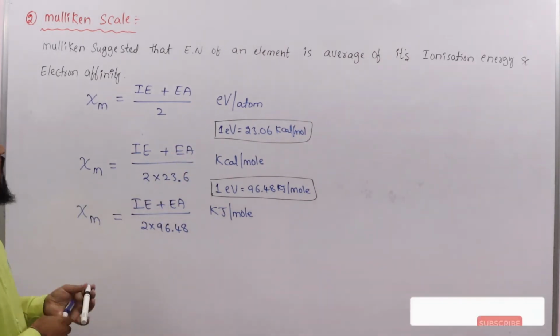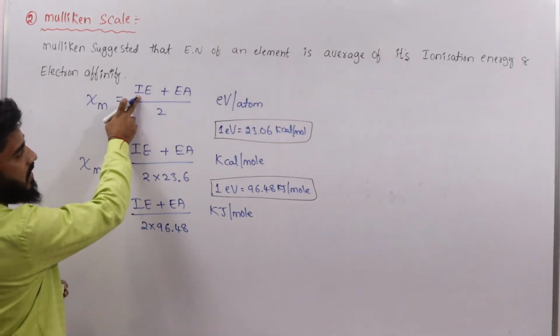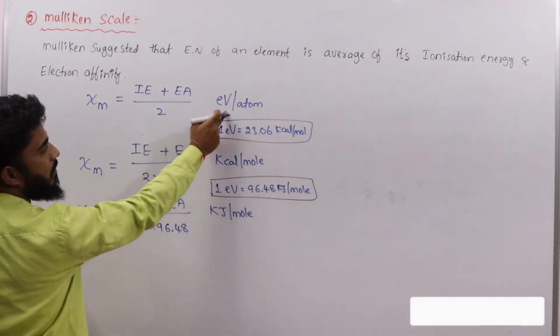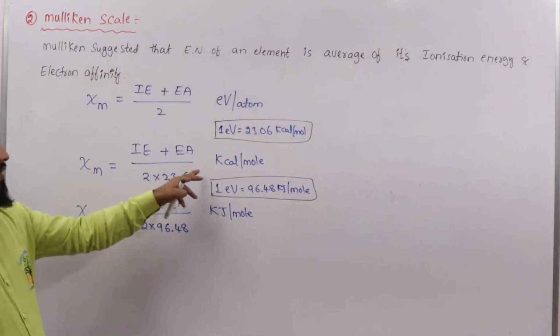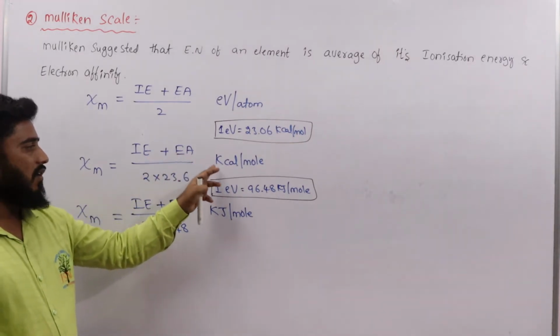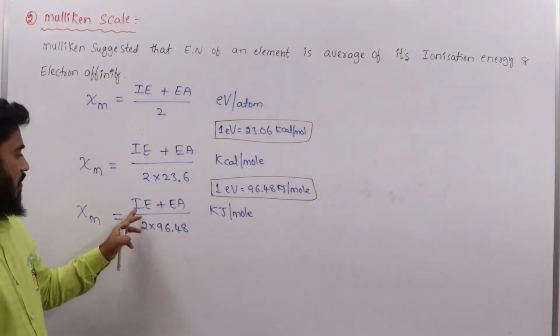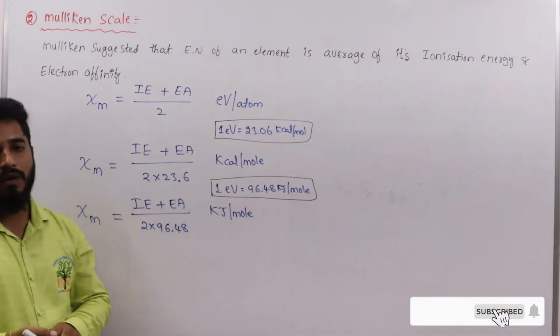Remember this. The first equation we can use only with ionization energy and electron affinity in electron volt per atom. This equation we use when both energies are in kilocalories per mole. And we can use this equation when both are in kilojoules per mole.